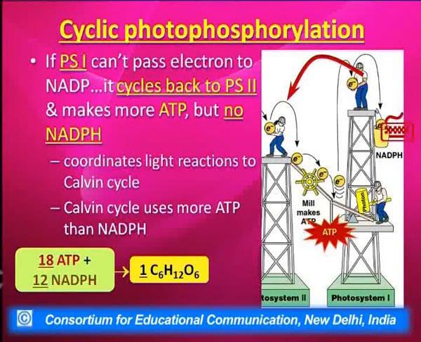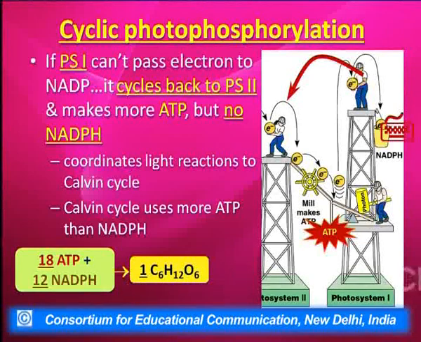PS1 was named because it could run independently and was perhaps the first type of chemical reactions which evolved in organisms. As we can see, if PS2 is not there, that means the high energy radiations would not be there, and only wavelengths greater than 680 nanometers would be available.